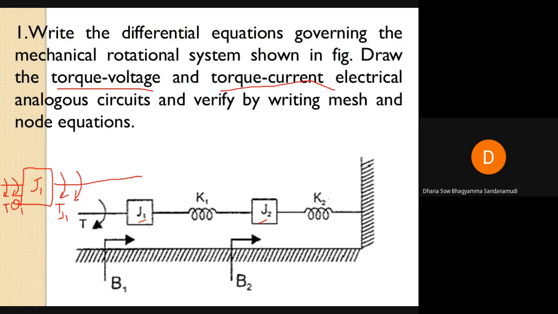Another torque is due to B1. One more torque is due to K1. So there are 3 opposing torques and 1 applied torque.